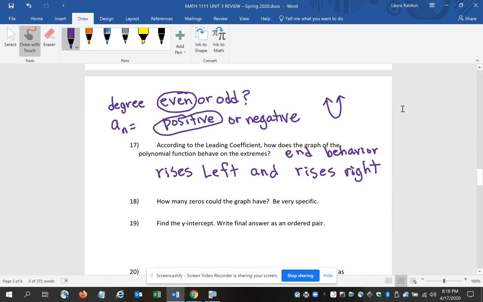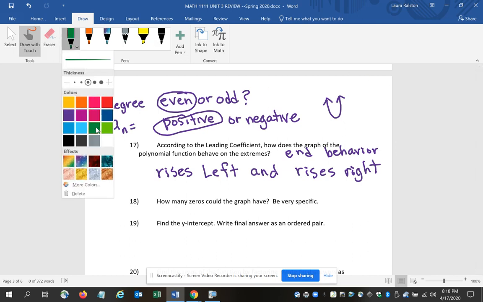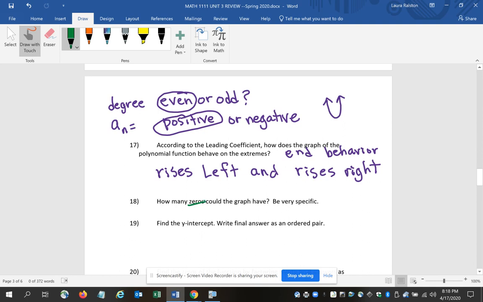All right, question 18 asks you how many zeros could the graph have, and it wants you to be very specific. Remember, the number of zeros corresponds to the degree. So the degree for this particular example was 4, so I should have 4 zeros.